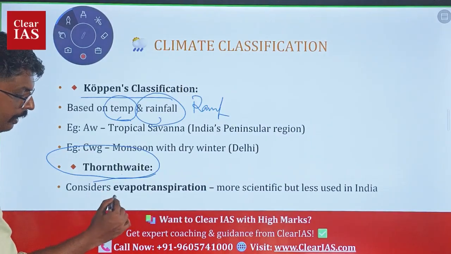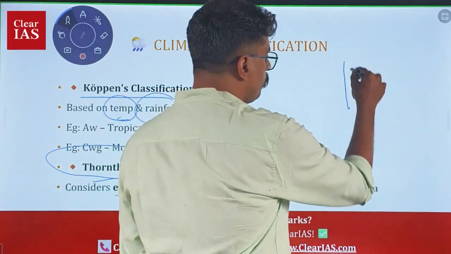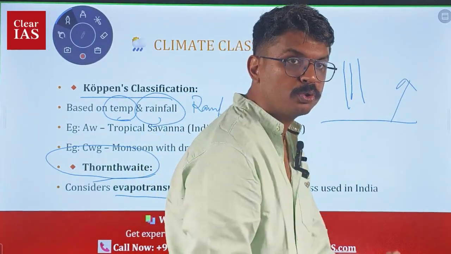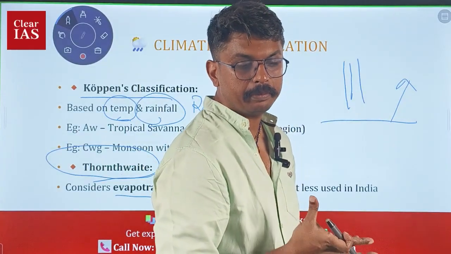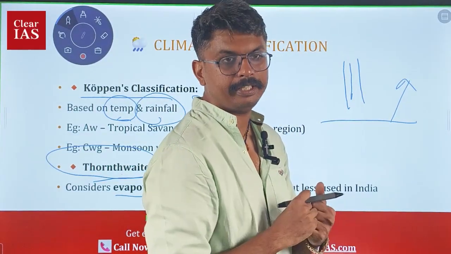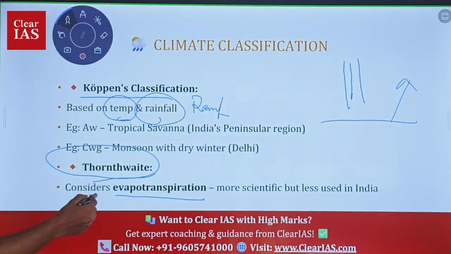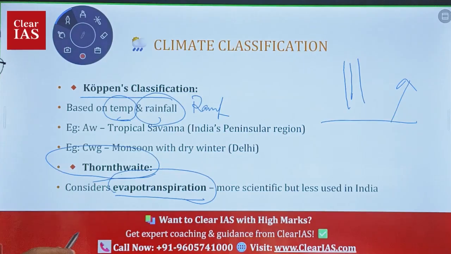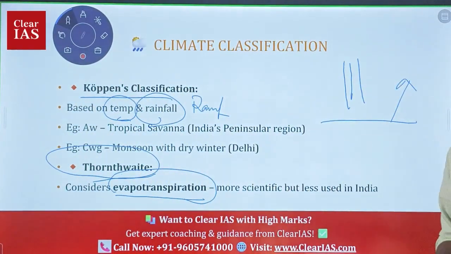He considered evapotranspiration. He said only the rainfall should not be counted; how much water is getting evaporated should also be counted to understand how much water is accumulating there. So he went a step ahead and used the term evapotranspiration, which is more scientific, but it is used less in the case of India.